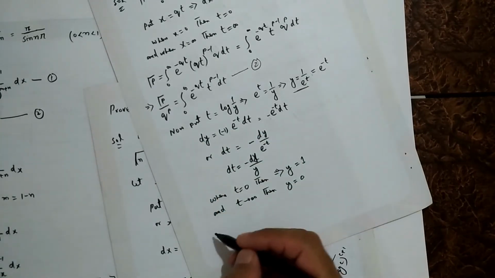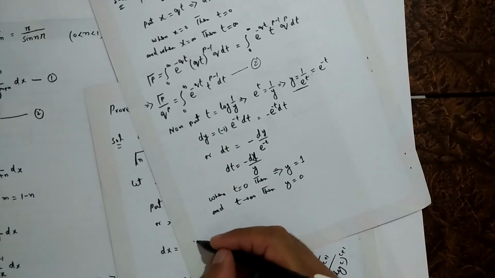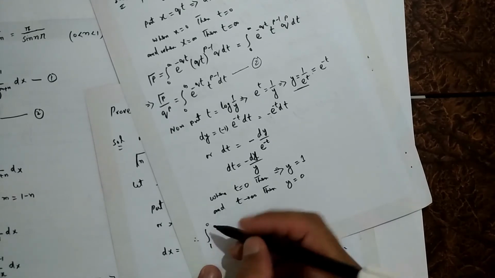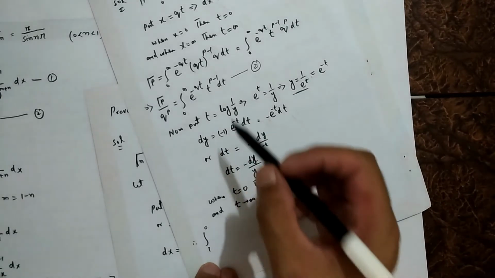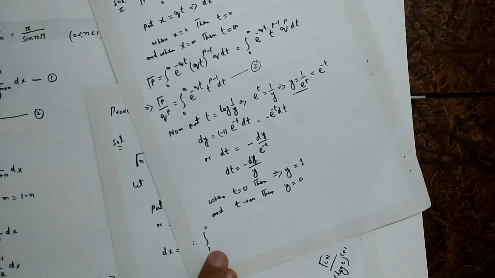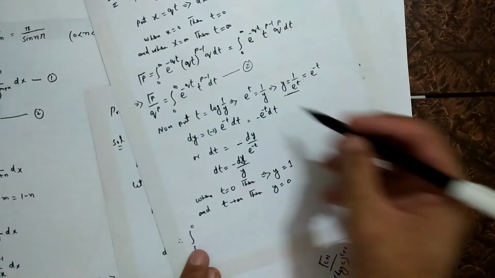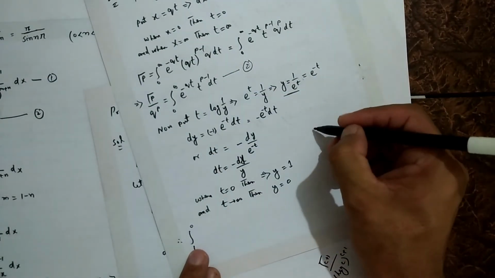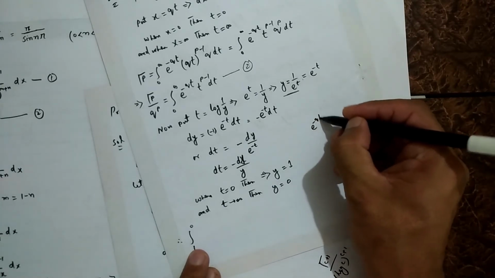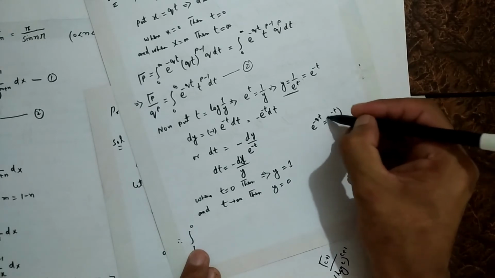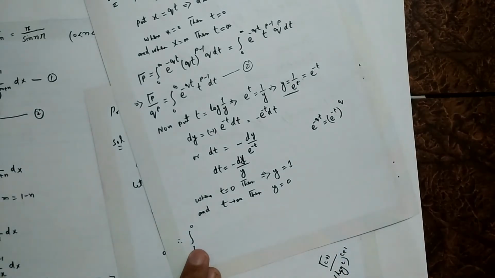Therefore equation 2 will become integral from 1 to 0 of e to the power minus qt. I can write this e to the power minus qt as e to the power minus t, to the power q. Clear?